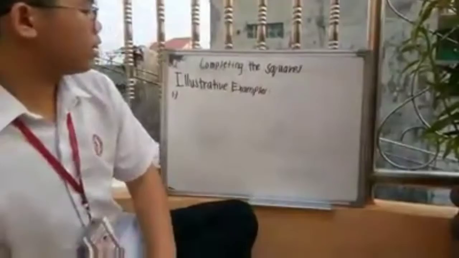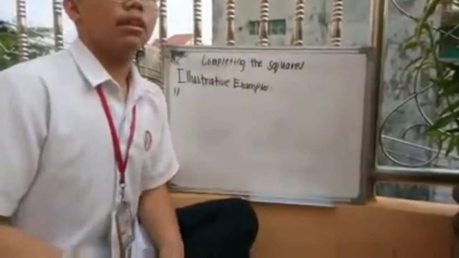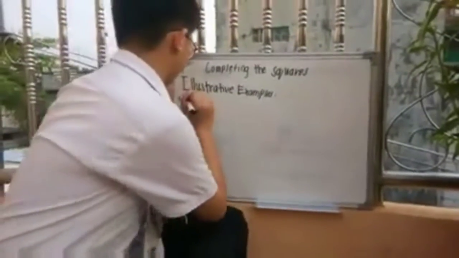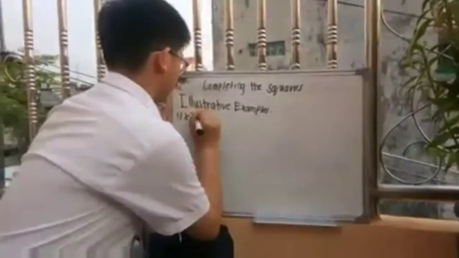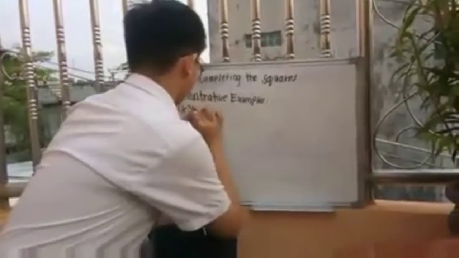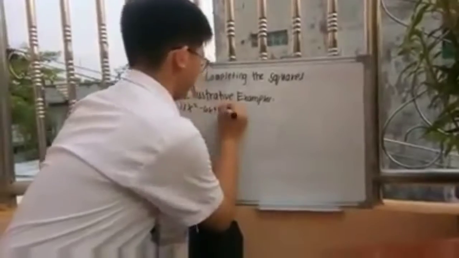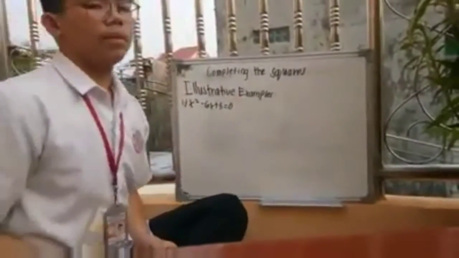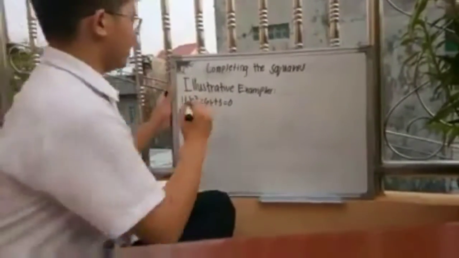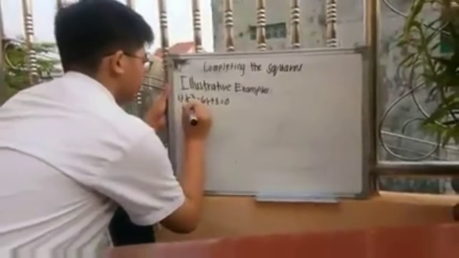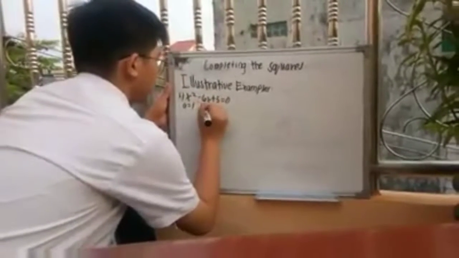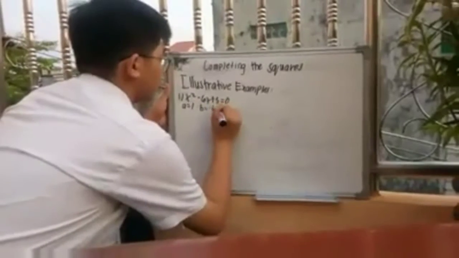So let's go to illustrated examples. Let's say we have x squared minus 6x plus 5 equals 0. So in here, a is equal to 1, b is equal to negative 6, c is equal to 5.